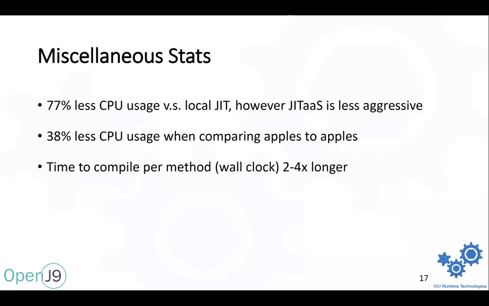I've worked in JIT compilers for a long time, and I've seen the effects of ramp up and the JIT having to do work for short-running applications and for applications that manage to find the worst possible behavior in this sort of thing. So I was a little bit skeptical about what adding network latency to the equation was going to do. But as we saw in the earlier graph, it doesn't really matter what the per compilation latency is.